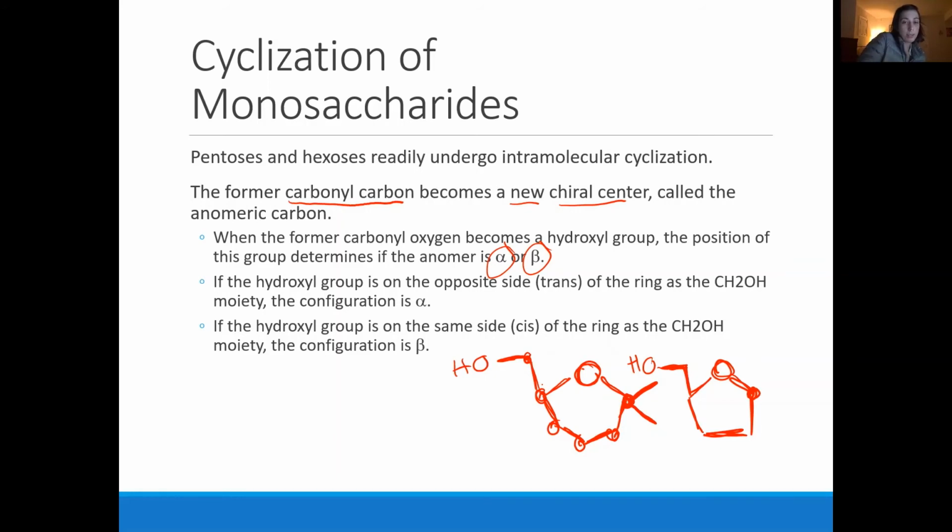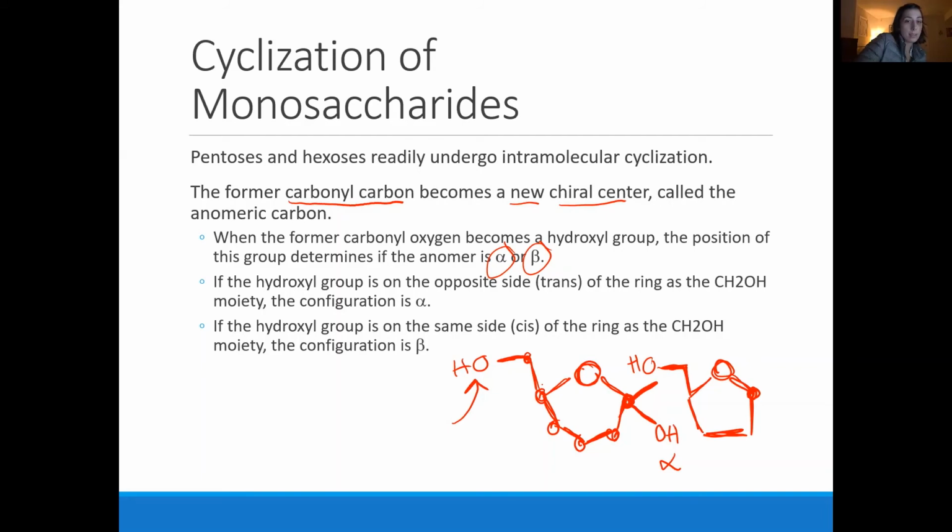What this really relates to is whether it is cis or trans to this CH2OH group. If they are both up, or cis, that is what we truly call, in this case, the beta position. If they are opposite of each other, so if they're on different sides, meaning that the new OH group is down here and this CH2OH group is up, that is called alpha.